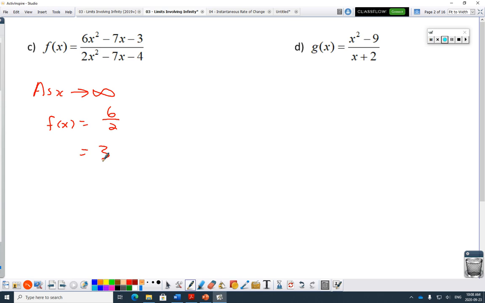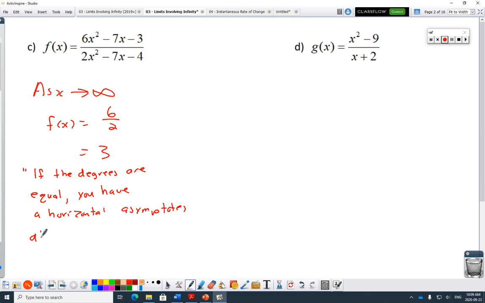Here was the rule in the notes for advanced functions. If the degrees are equal, you have a horizontal asymptote at y equals the ratio of leading coefficients.